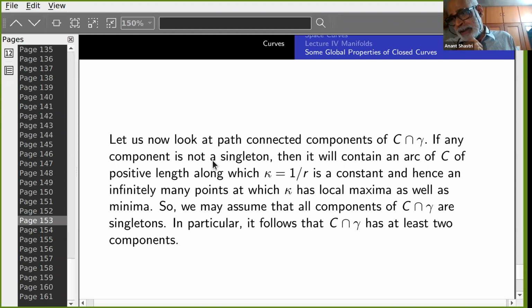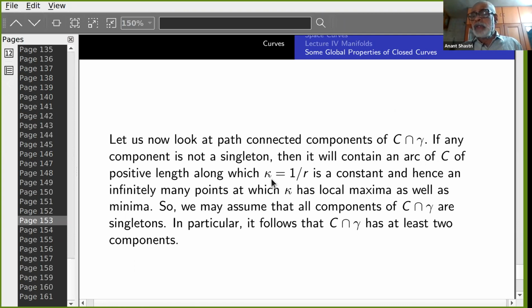By the intermediate value theorem, if any component is not a singleton, then it contains an arc of C, because C intersection gamma is a subset of C. A component will be a small arc between any 2 points, a connected part of C of positive length.